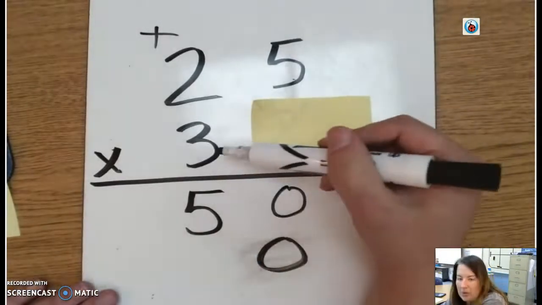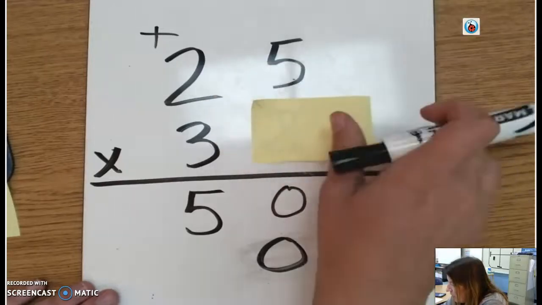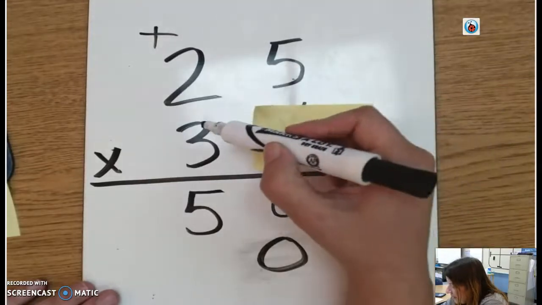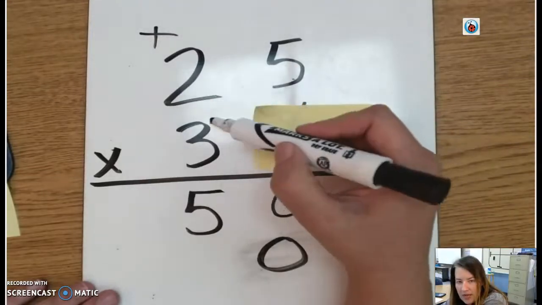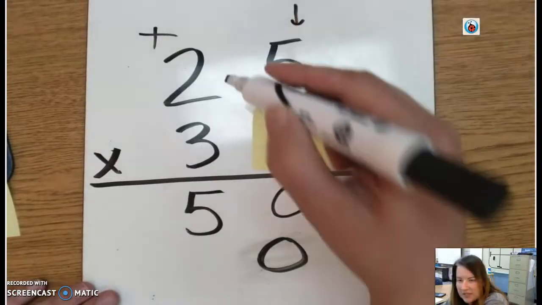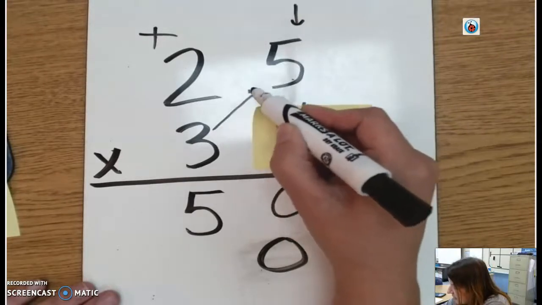So when we get to our next number, I've got 25 times 3. Now I still have to start, this is where it's different. Instead of punching up and then across, you always start with whatever's in the ones place. So I'm going to go to the ones place first.